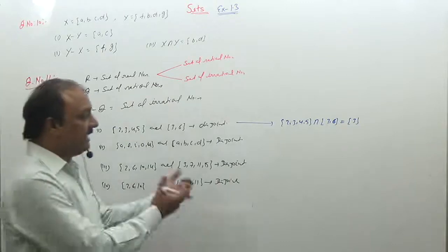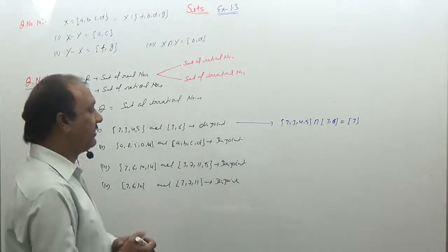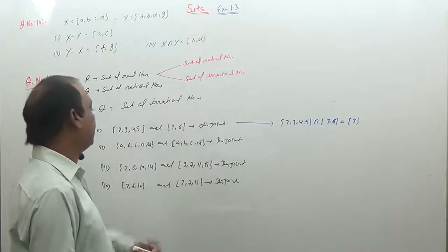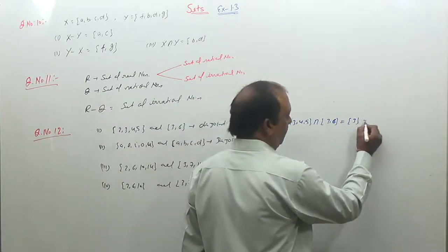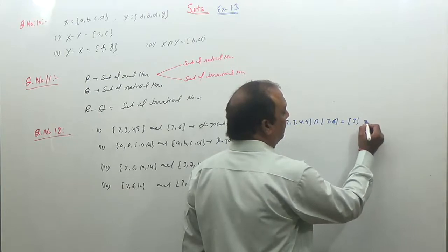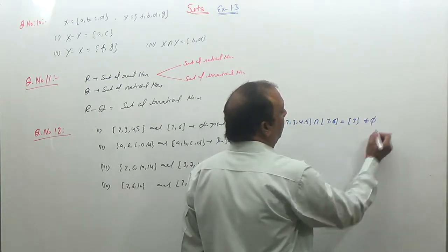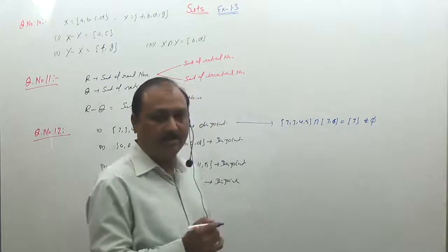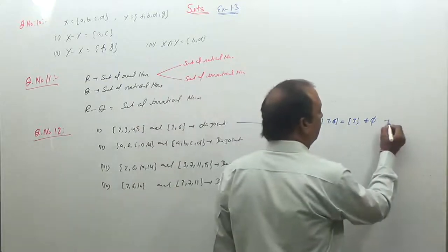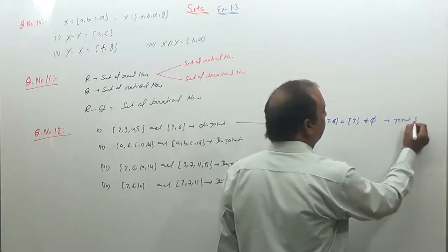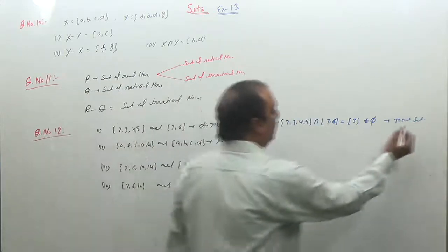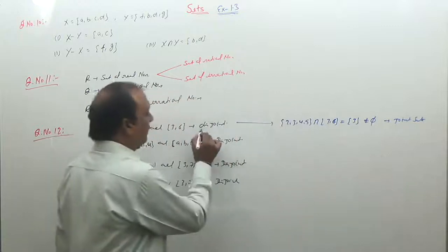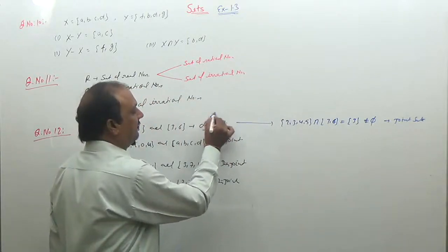So to verify, taking their intersection, we get a singleton set which contains the element 3, which is not equal to the empty set. So these are not disjoint sets. So this is false.